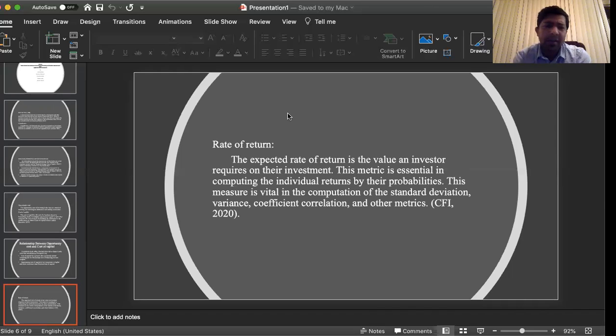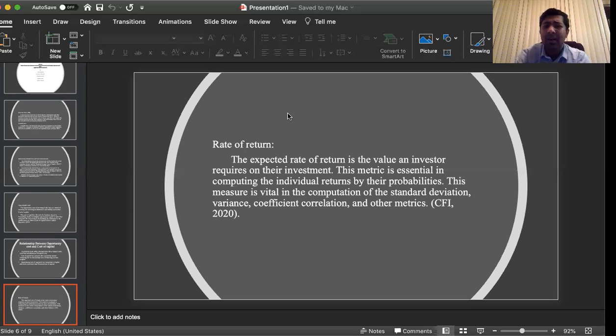Next, and the last point is rate of return. The expected rate of return is a value an investor requires for their investment. This metric is essential in computing the individual return by their probabilities. These measures are vital in the computation of standard deviation, variance, coefficient, correlation, and other metrics.